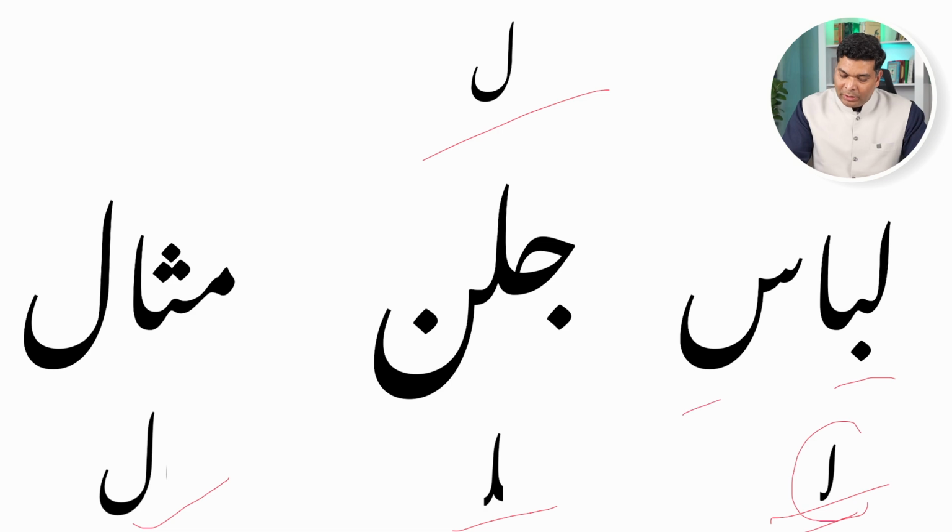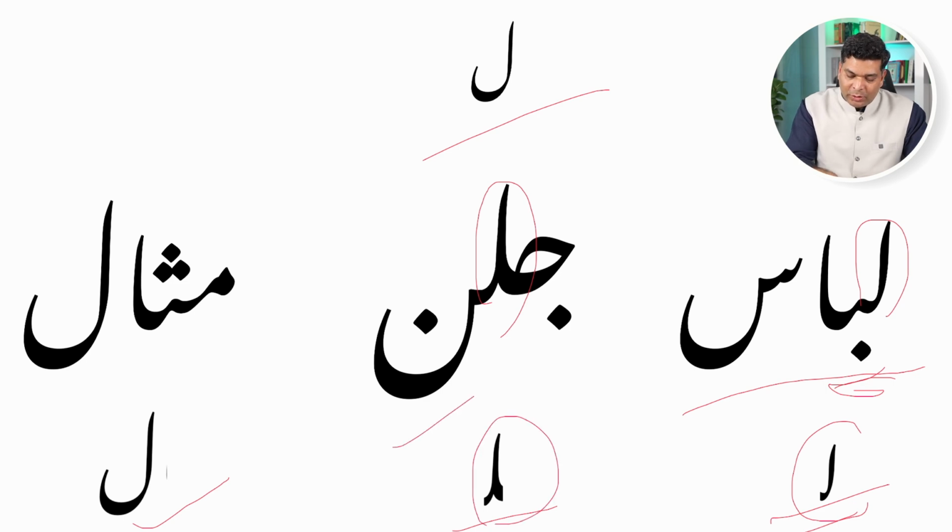So in this word called libas, it is lam because it's also connecting with the subsequent letter be. Similarly, if lam is in the middle, it looks like alif, but it also connects with the subsequent letter, in the word jalan. And in the third word, which is misal, it is completely retaining its shape, right? So that's how the lam is written.